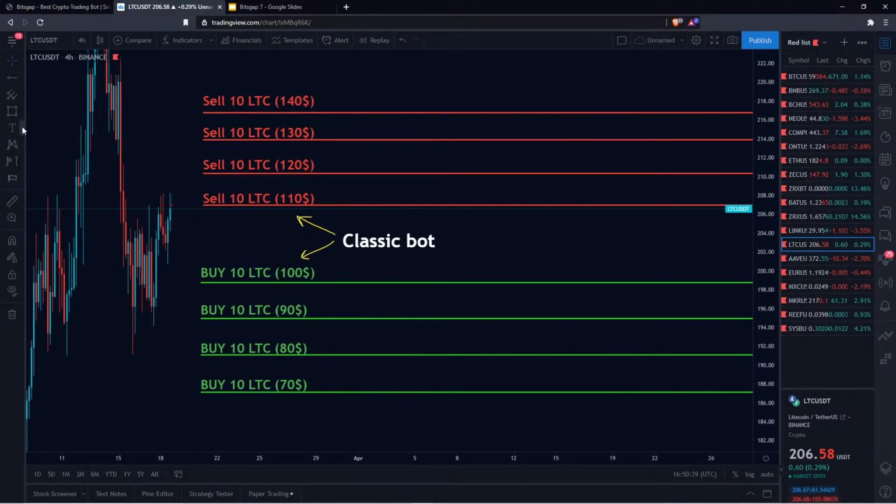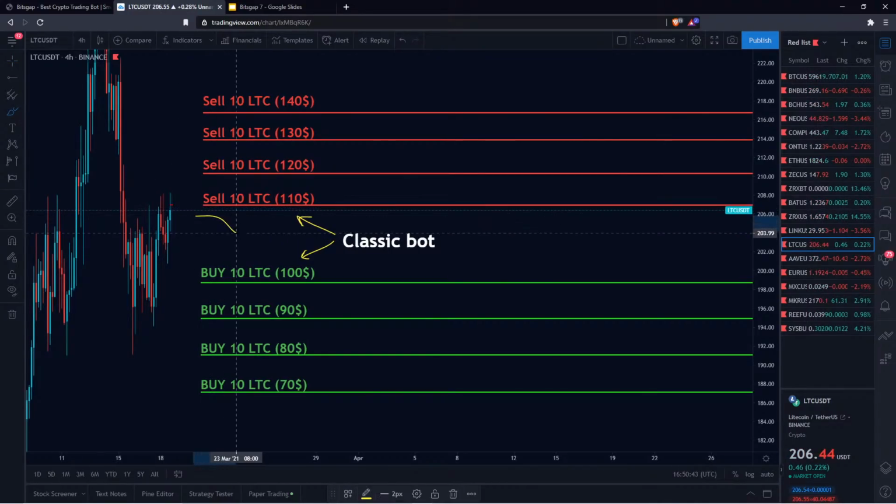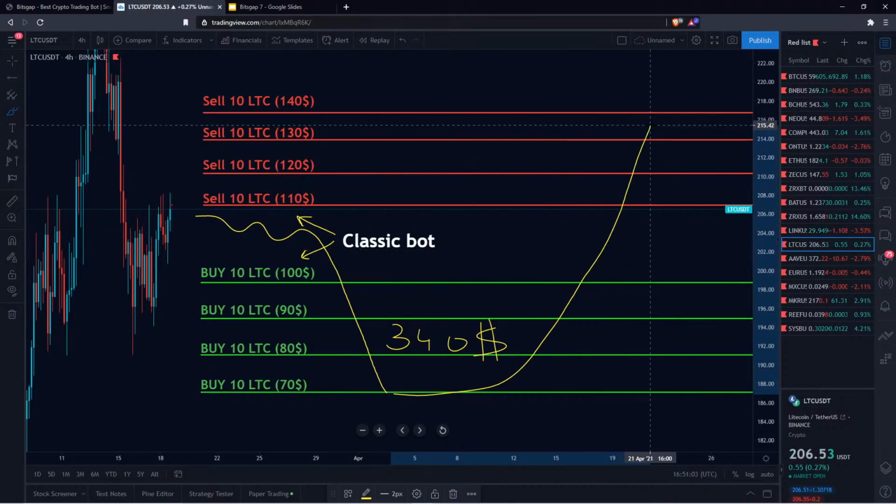In this case, if from the current price it falls down to the lowest grid buy order, if we calculate all these buys executed, it's going to be exactly $340. So this is going to be your added position to your existing one. So once the market then hopefully goes higher, on this investment you will earn some returns.